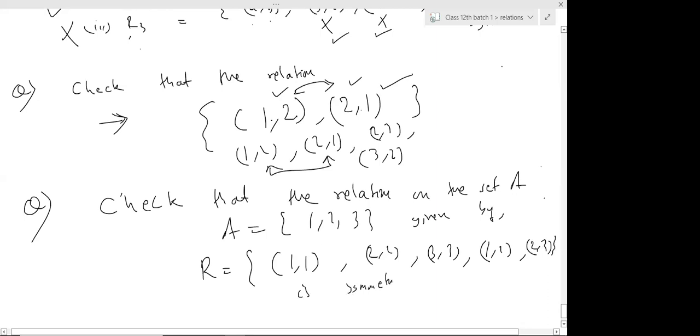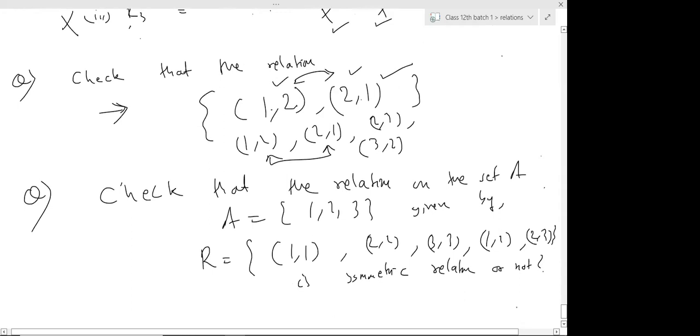Send the answers in the chat. All right. So, what is the fourth ordered pair? 1 comma 2.